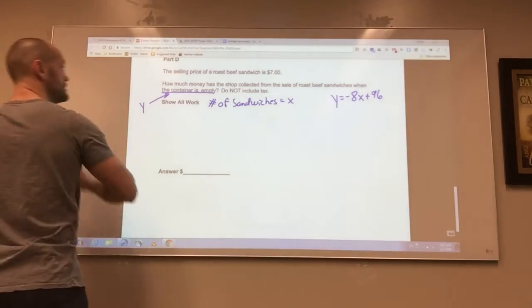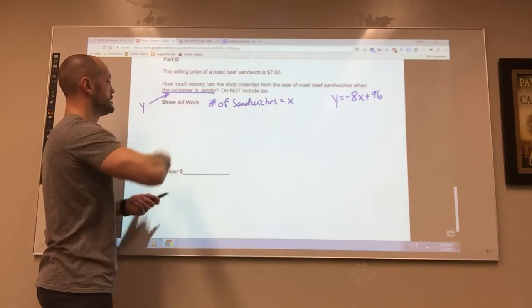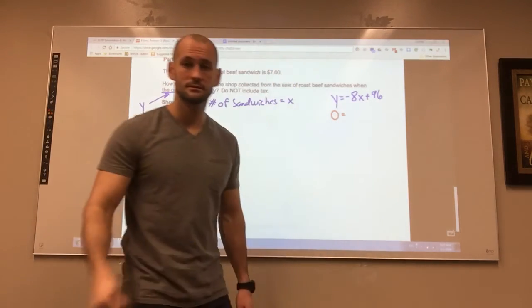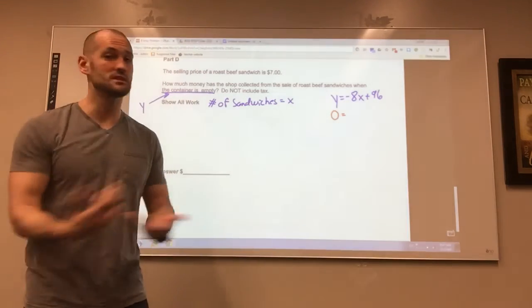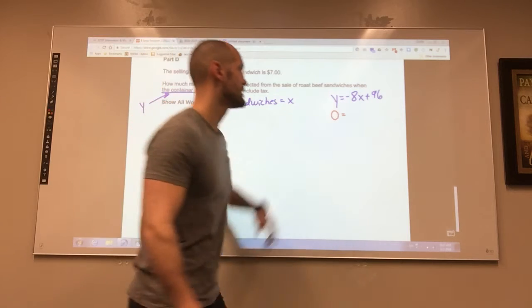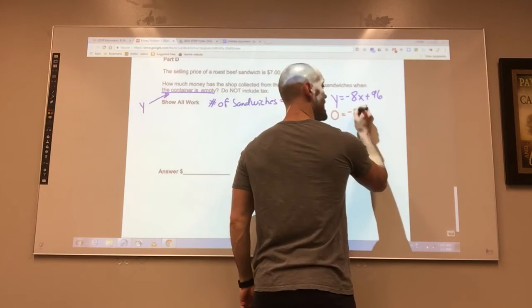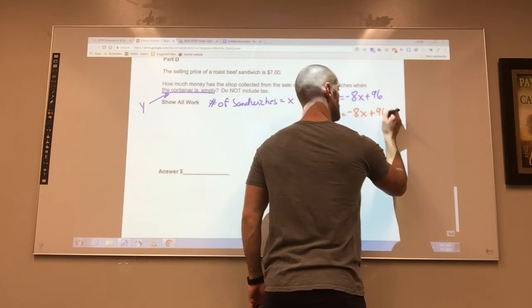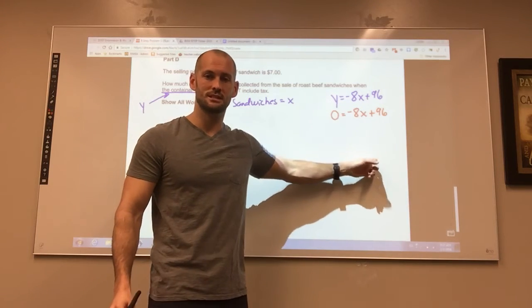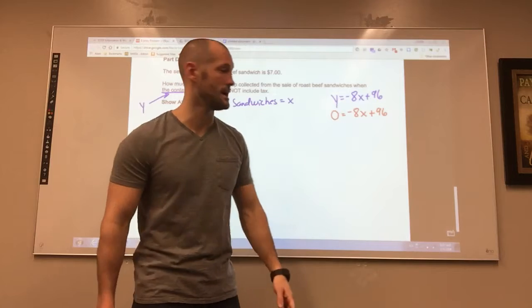If you're telling me the container's empty, then that means I have 0 slices left, right? If I am empty, I have no more slices in the container, that means I have 0 slices left. Well, how many sandwiches is that? I don't know. So now I can solve for x to find out, hey, how many sandwiches does it take to empty the actual container?